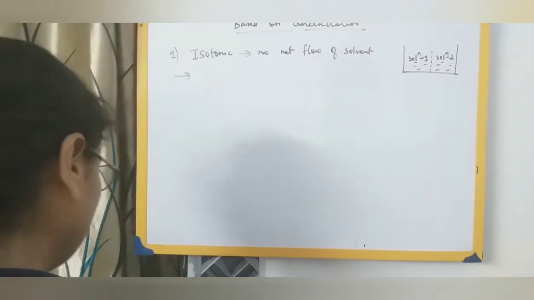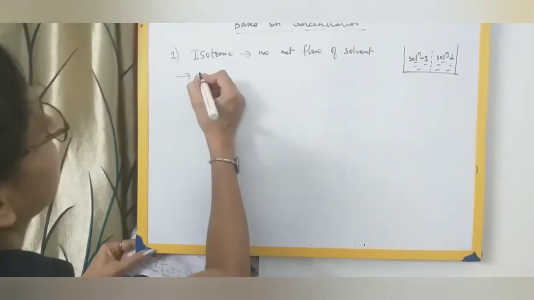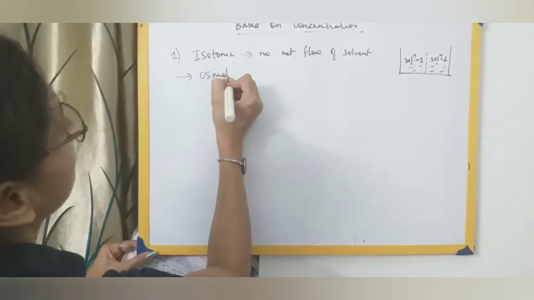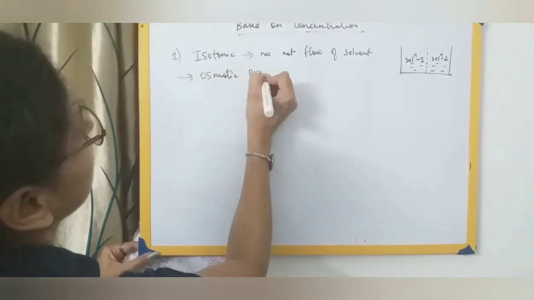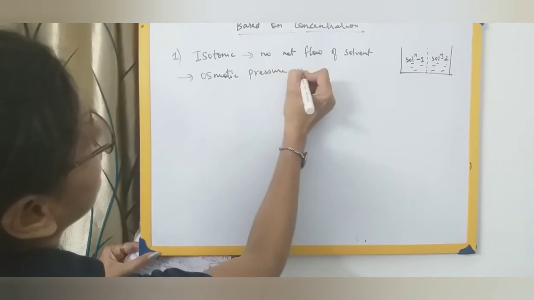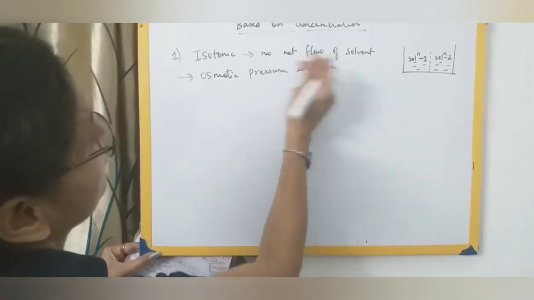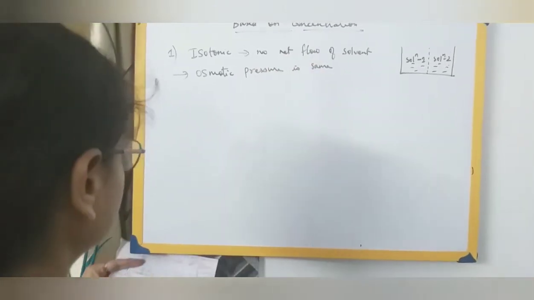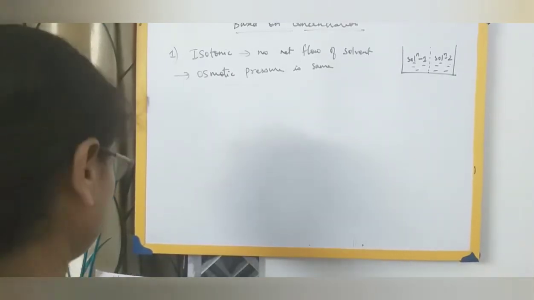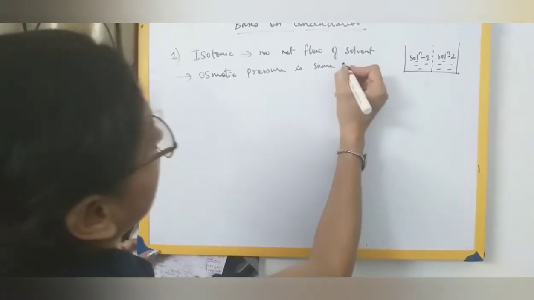So when the osmotic pressure is same, there is no net flow of the solvent, and such a type of solution we also call isoosmotic solution.